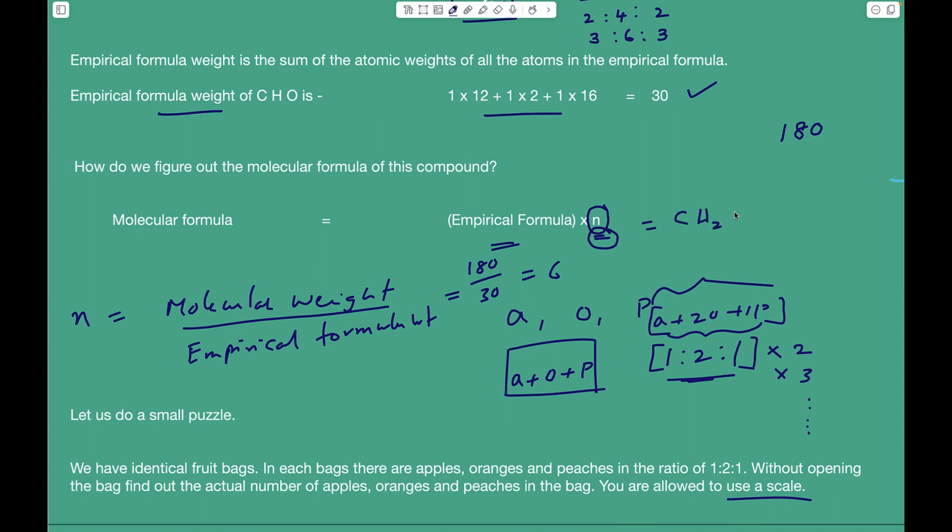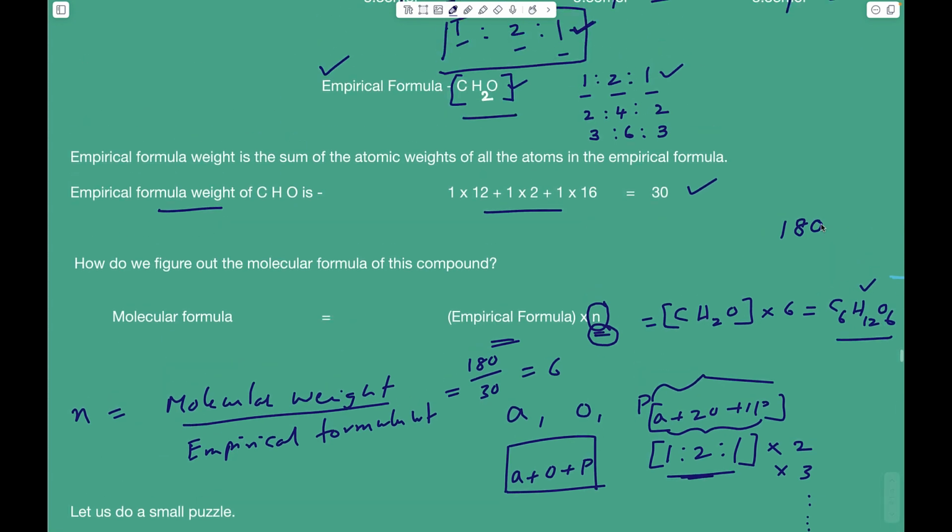Its empirical formula is CH2O, and if you multiply this with 6, by this I mean to multiply the subscripts with 6, it becomes C6H12O6. So this is the molecular formula of this compound.